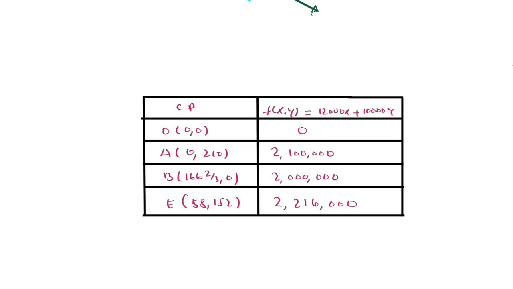Okay, so from the table above, we can see that point E gives the maximum value for our objective function. Therefore, we can conclude that a man must buy 58 sacks of Irish potatoes and 152 sacks of sweet potatoes in order to realize the maximum profit.